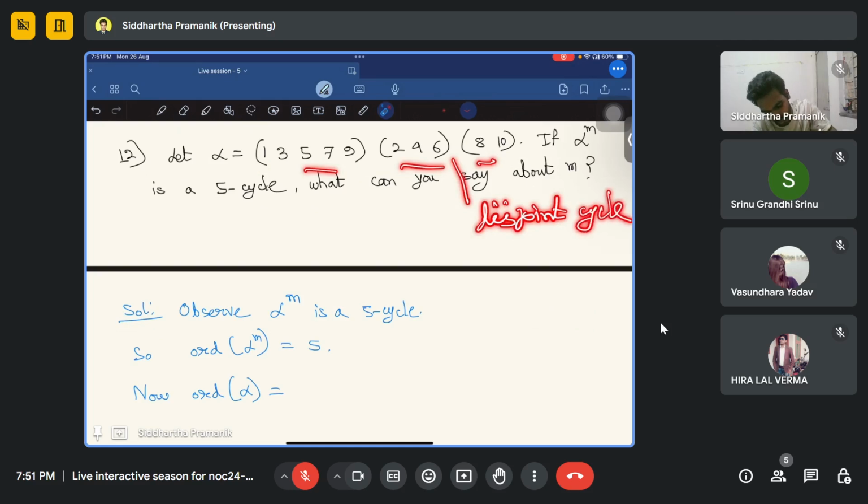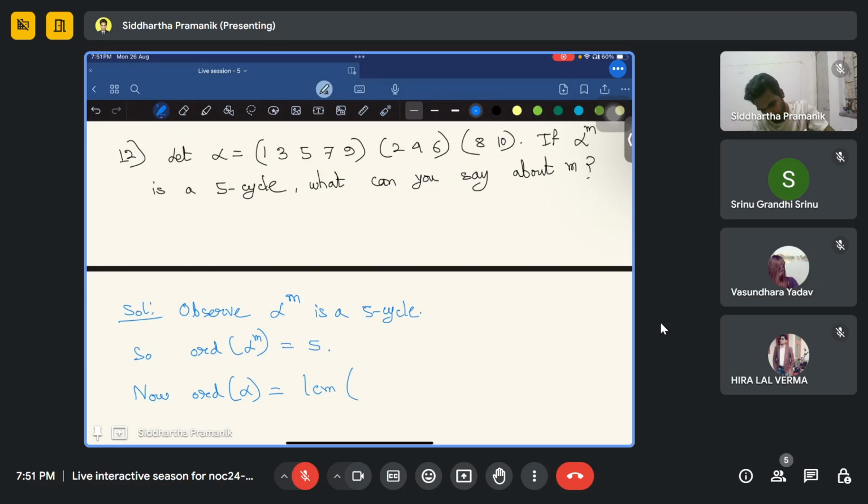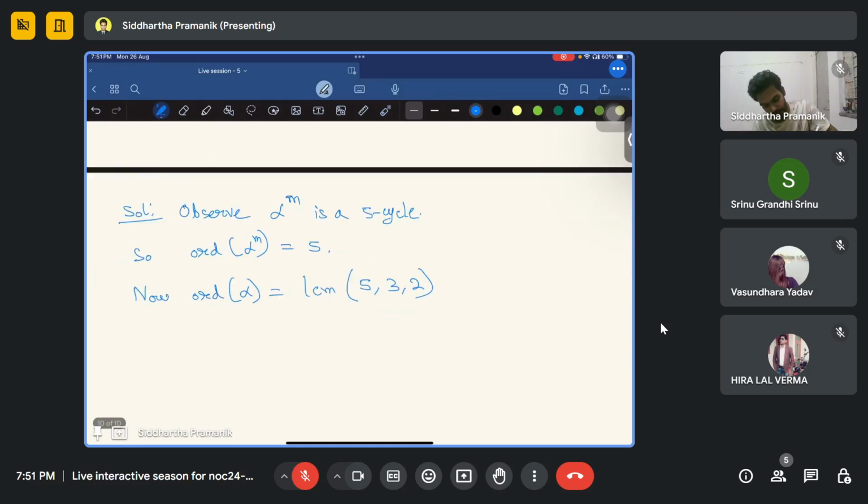And in disjoint cycle form, the order is the LCM of the orders of the cycles: 5, 3, and 2. So the order of alpha is 30.